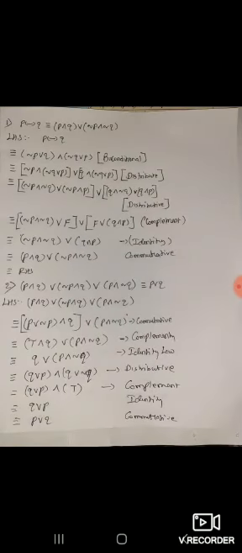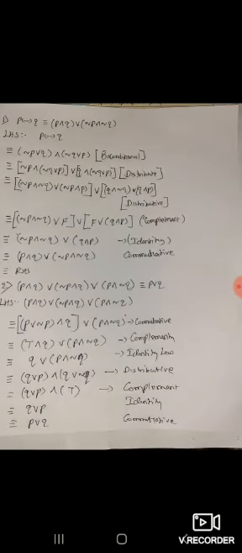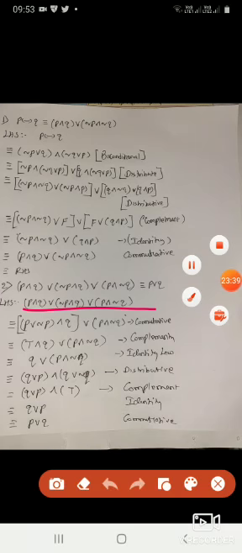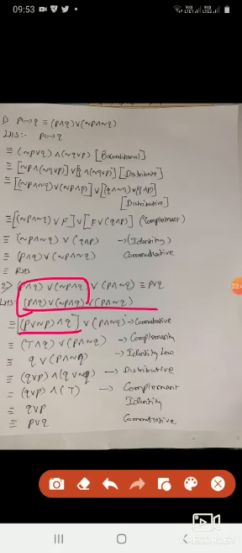Listen, see the statements. First, this sum I have taken clearly. In the first two, negation of Q is common. So it should be written distributive law, not commutative, distributive law.